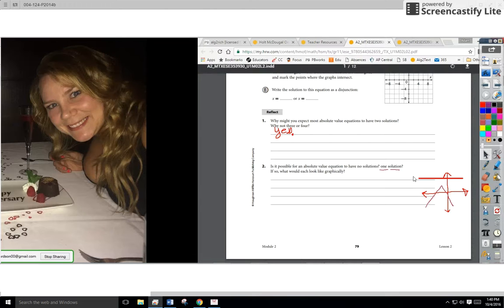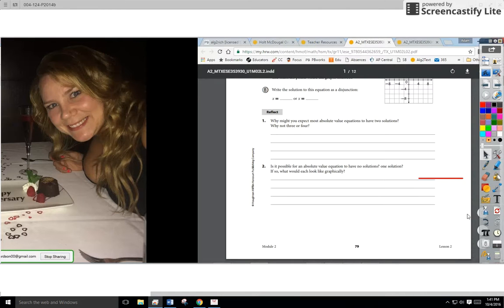Could you devise a way that you could end up with three solutions? Well, no, there's no way that this line is going to intersect this V more than twice no matter how I set it up. So it's possible to have no solution, one solution, or two solutions, but there are no other possibilities than one of those three. Okay?